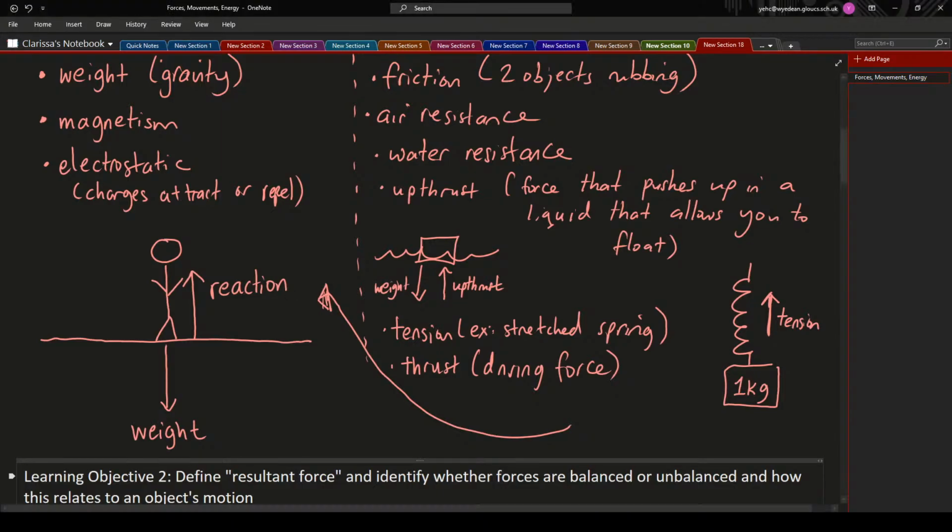Basically, yes, spot on, Max, the force of the floor pushing back up. So you are pushing on the ground due to your weight, but there is the reaction of the floor pushing you back up that prevents you from just crashing through into the Earth's core. We forget about this force quite a bit.